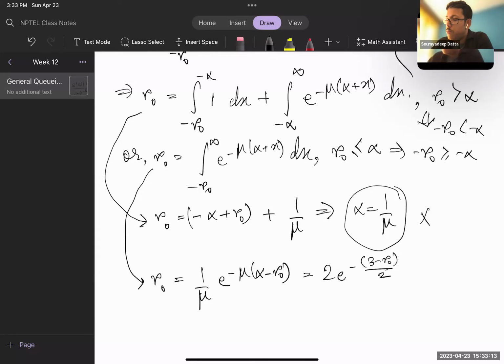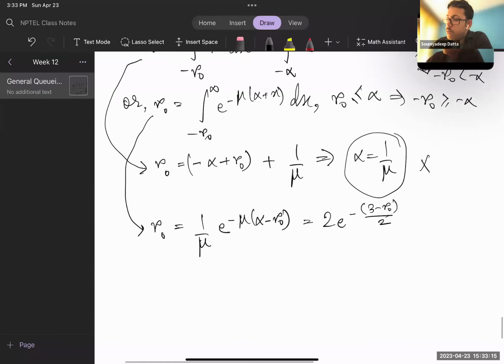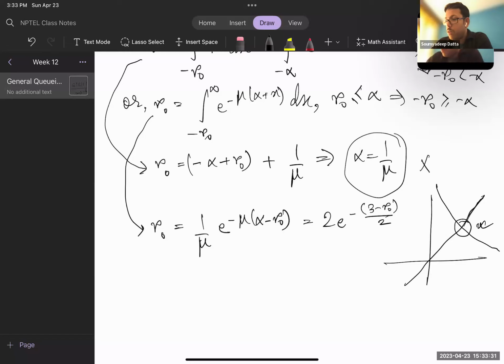And so this has to be solved. Let's draw the graphs just to get an idea. We have y equal to r naught on the left hand side, and on the right hand side it's e to the power minus something, right? So it's something like this. There will be only one unique solution, that is for sure. We can solve for r naught numerically.